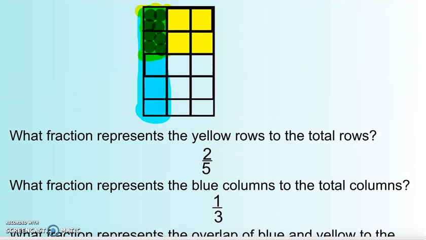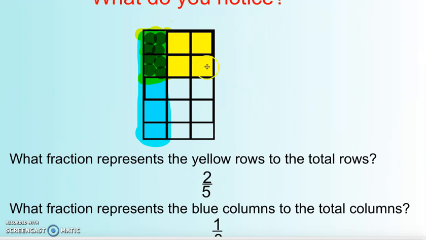So this model represents what a multiplication problem looks like with fractions. So a cross is showing the first fraction, 2/5, because there are 2 shaded out of 5 rows. And then the 1/3 basically is going the other way. So 1 column out of the 3 columns. And multiplication is actually, where do they overlap?